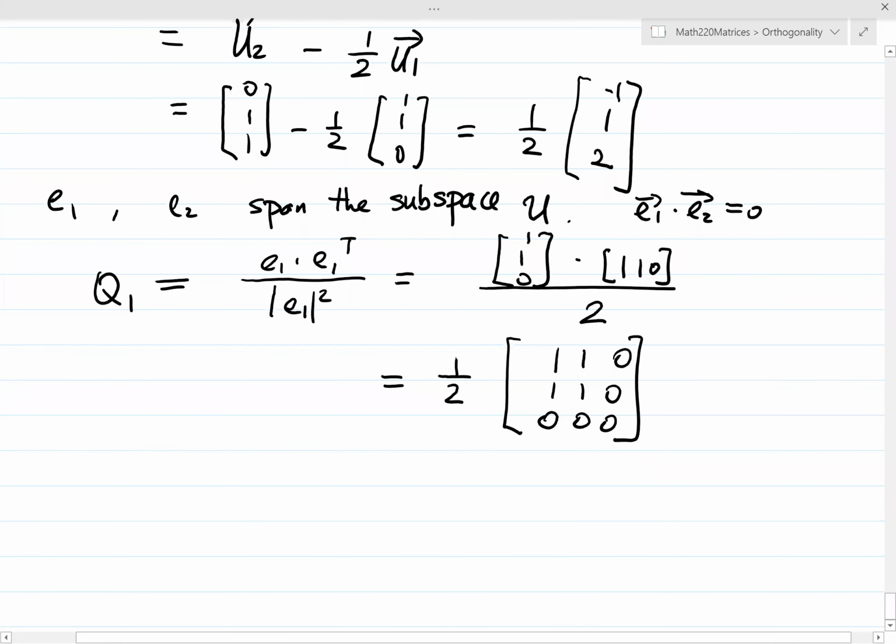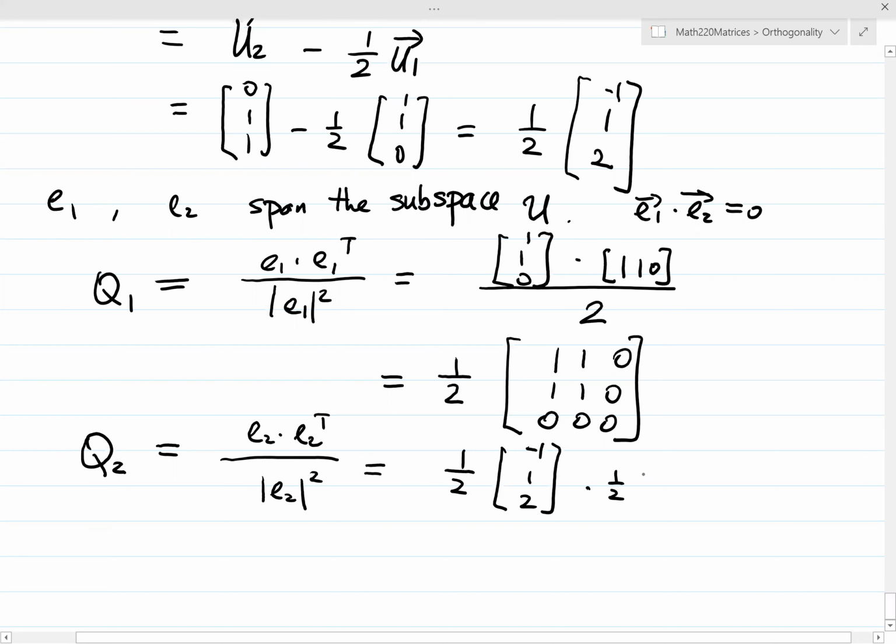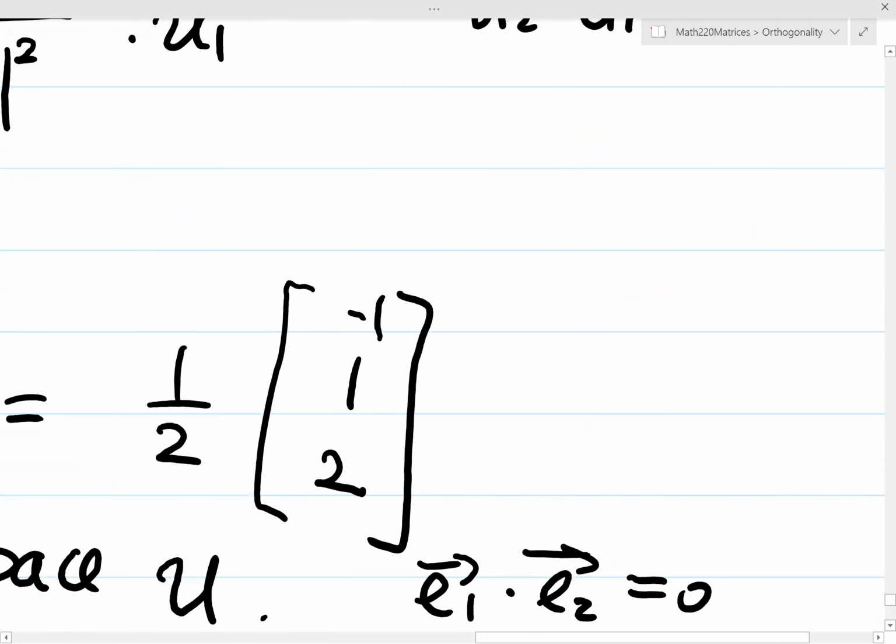Now we do the projection onto E2. Q2 will be E2 times E2 transpose over E2 norm squared. You plug in E2, which we already solved, 1/2 times (-1, 1, 2), times its transpose, over E2 norm squared.